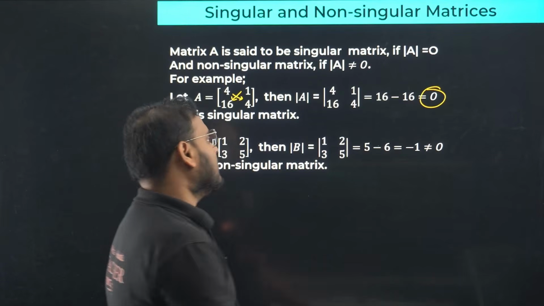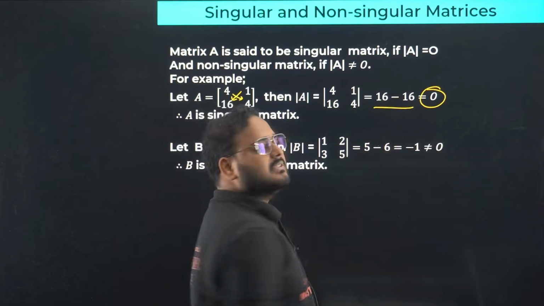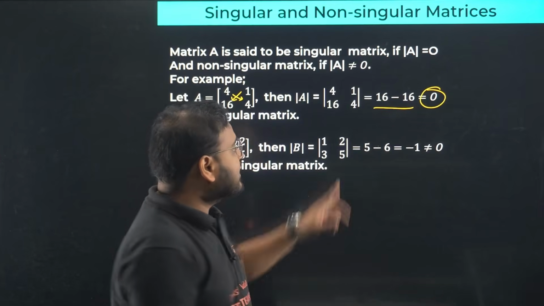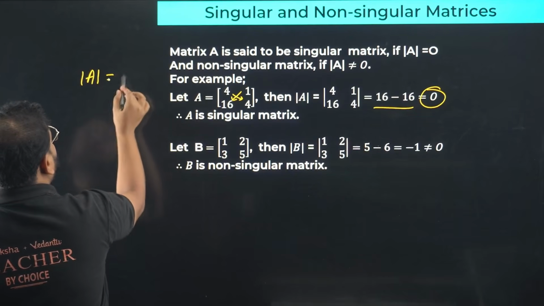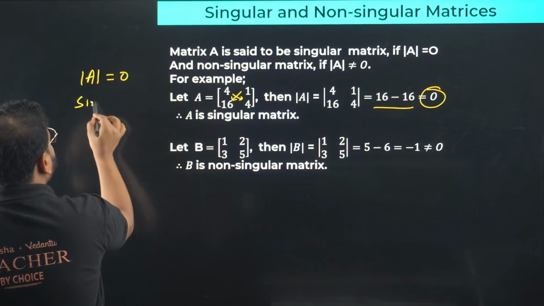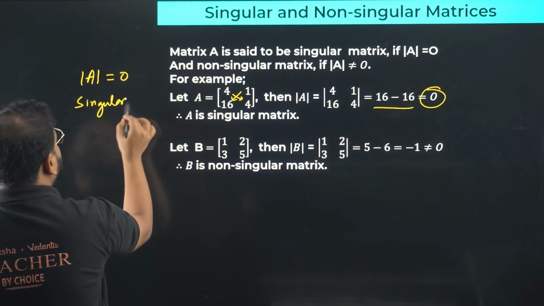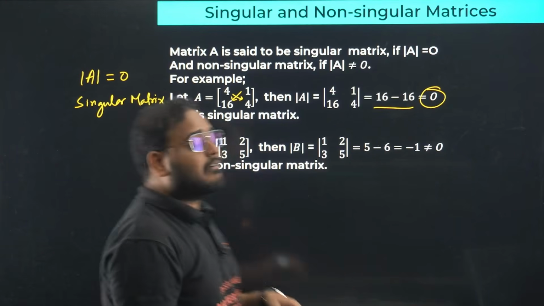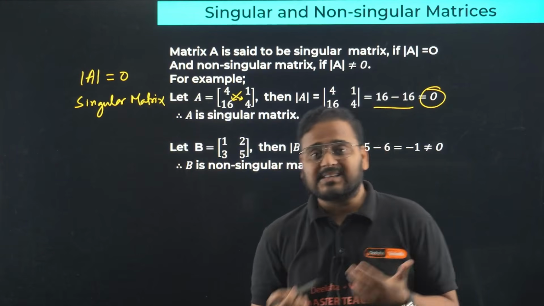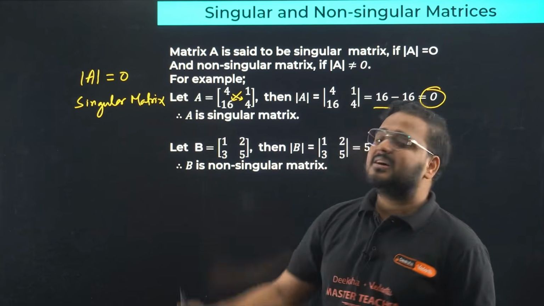The difference of them is going to be 0. It means the determinant of A is equal to 0. This is called a singular matrix. As simple as that. Whenever the determinant of a given matrix is 0, it is called a singular matrix.